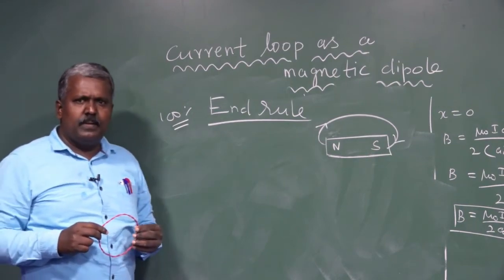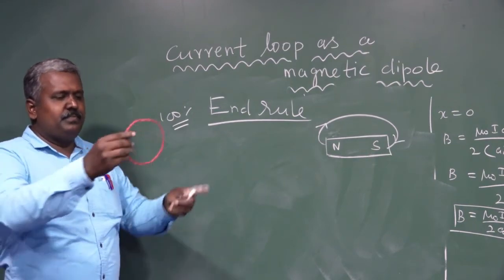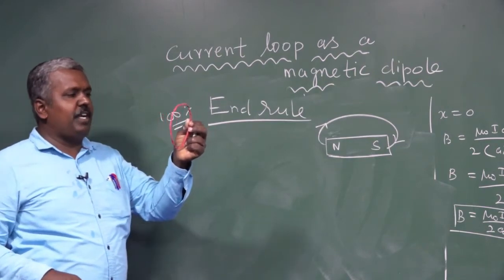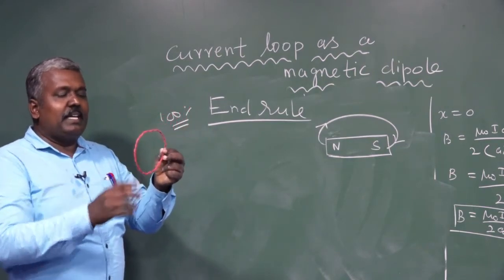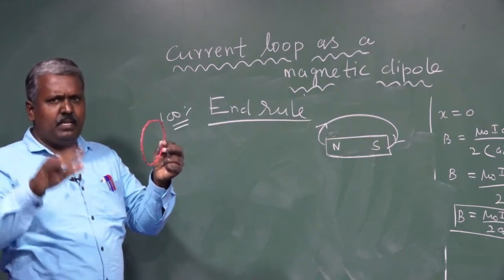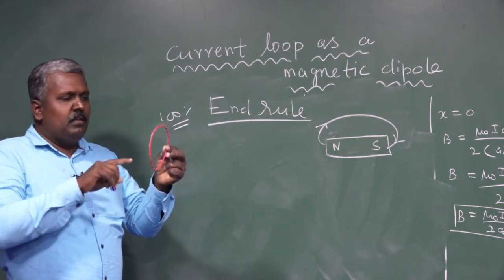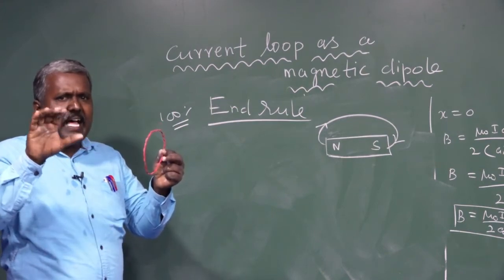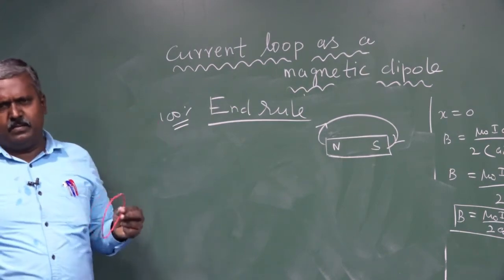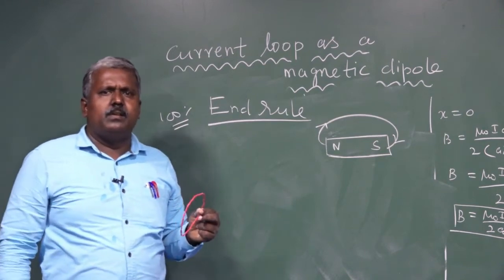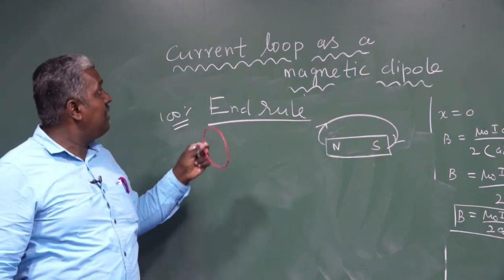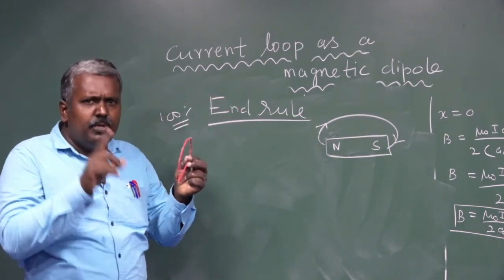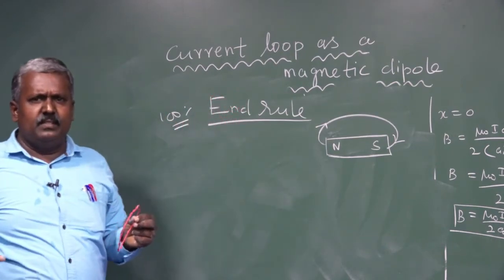Now, suppose we look at one end, and the current flows through the circular coil in the clockwise direction. That is important. What is the reason for this current loop acting as a magnetic dipole? Due to the current flowing in it.